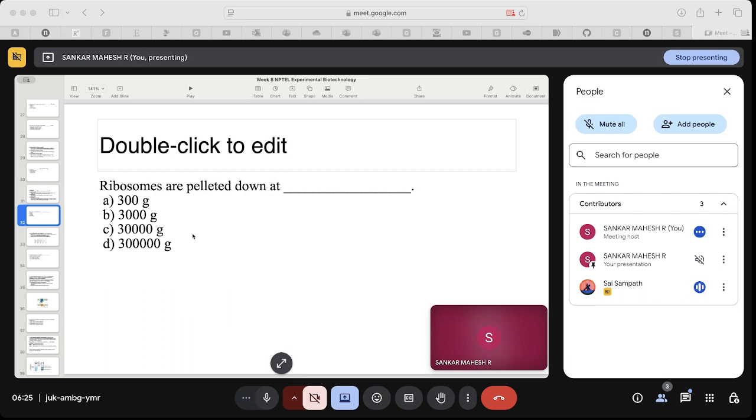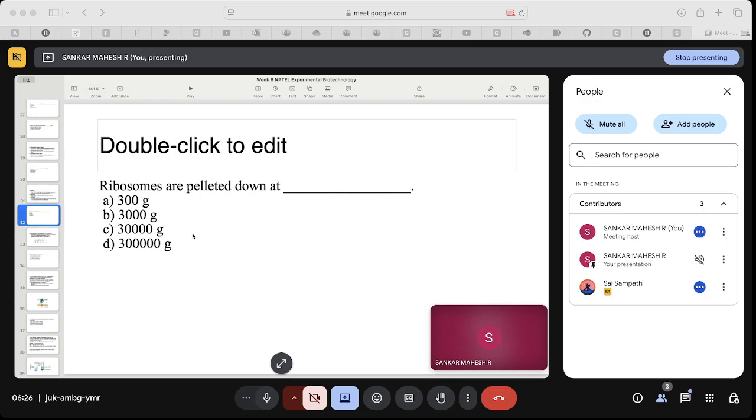No idea. I think it doesn't separate. At a certain point, it gets separated when we use a certain RPM, like pellet and supernatant. So what decides this? What factor decides the RPM that you use? You told me that only at a certain RPM it gets separated.